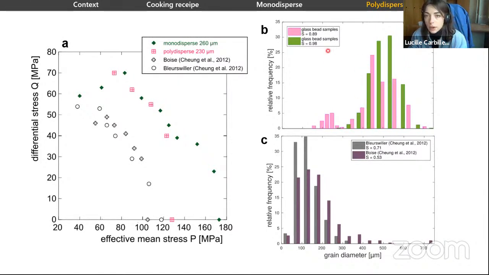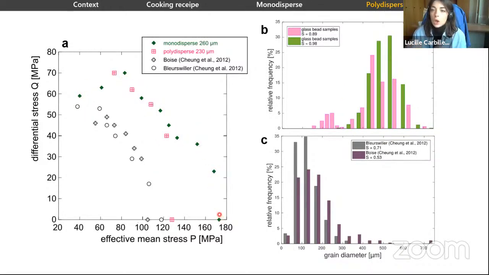That's the pink distribution here that corresponds to the pink envelope in figure A. I've put the corresponding monomodal monodispersed distribution, by corresponding I mean with the same mean diameter, in green on the same plot here. That's the green envelope.